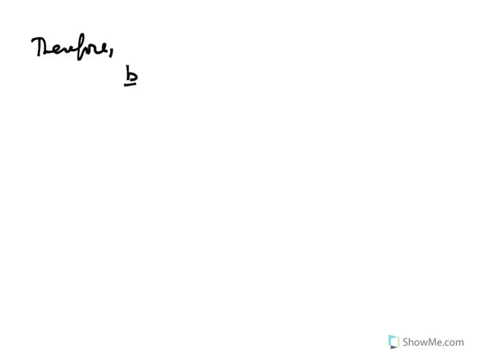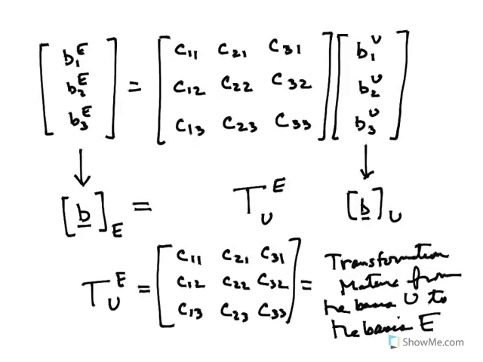We have B expressed in the basis E is equal to the transformation from U to E times B expressed in the basis U. We can use this as the starting point for developing transformations where we have different rotations that take us from a set of basis vectors to some other set of basis vectors.